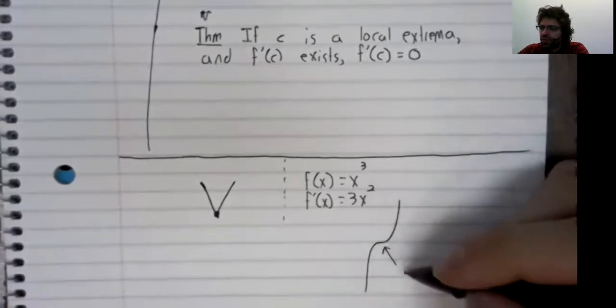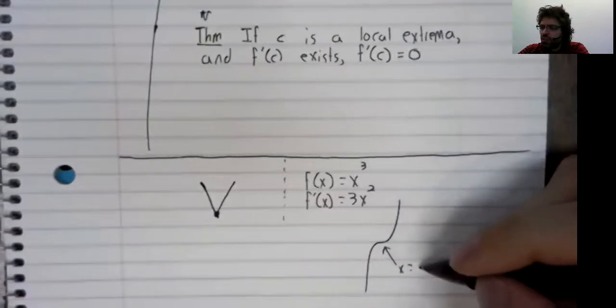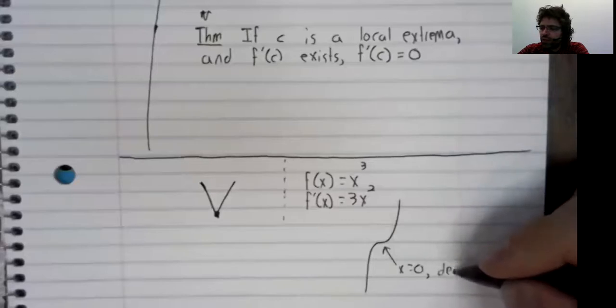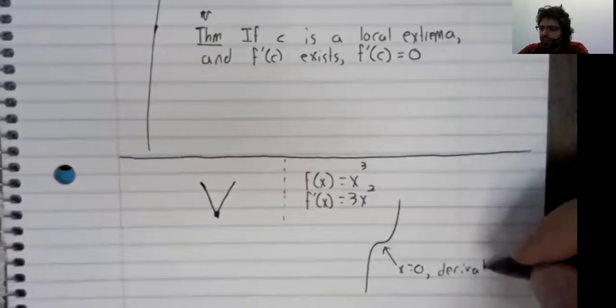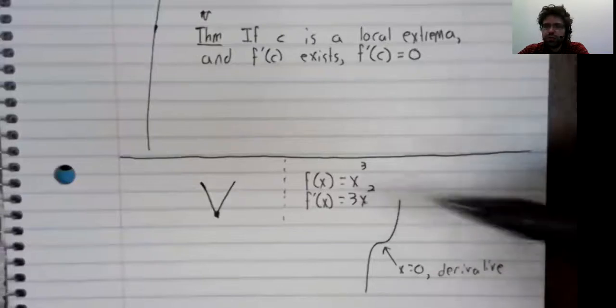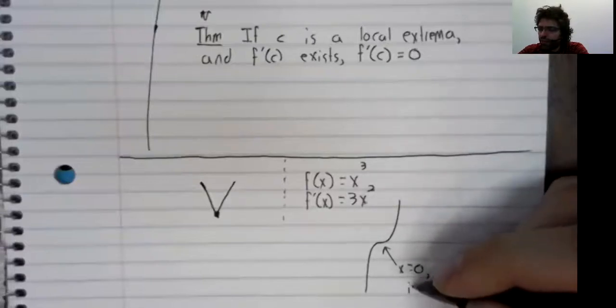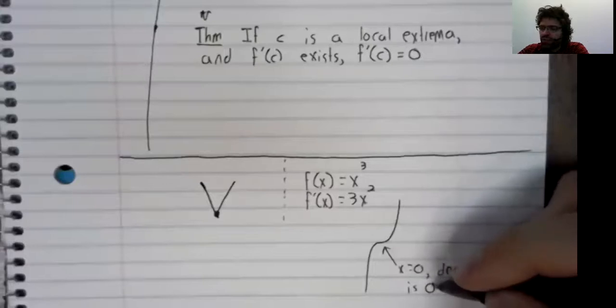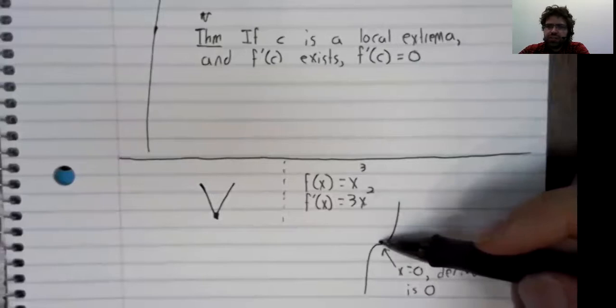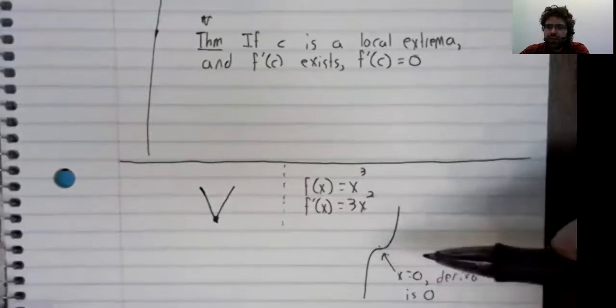At x equals 0, the derivative 3 times 0 squared is 0, and yet this is not a local minimum or a local maximum.